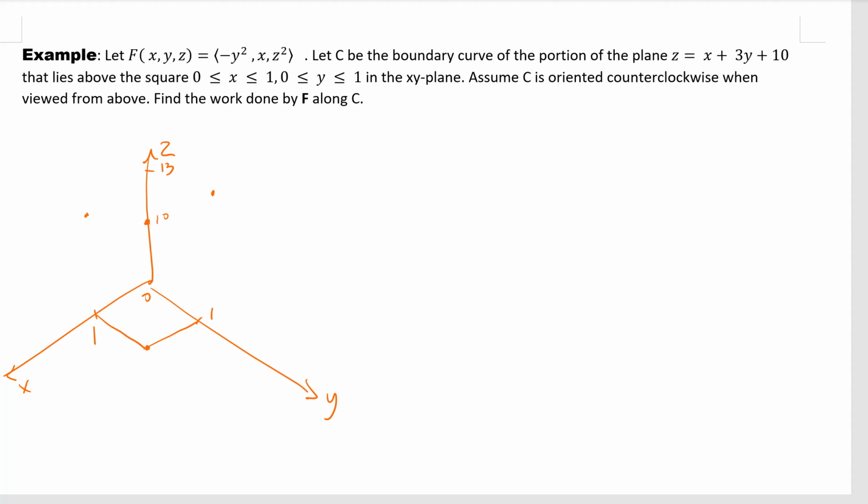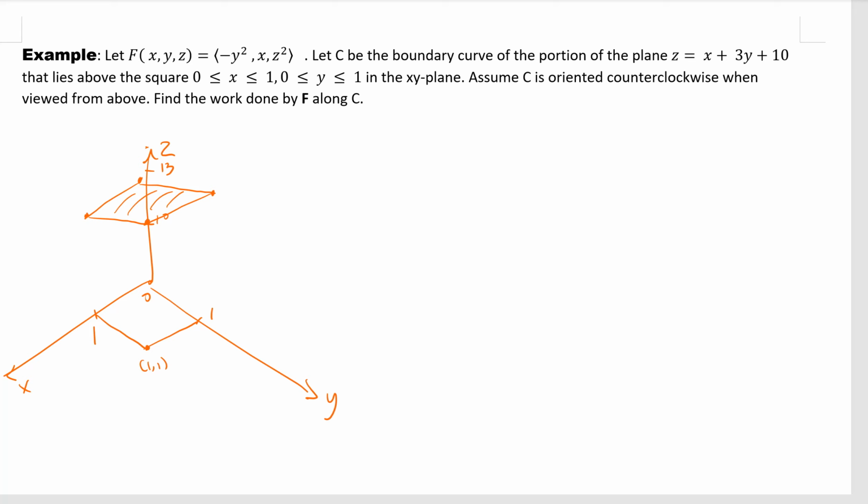So at (1, 1), when x is 1, y is 1, then how about the z? It's 14, right? 14 right here. So it's going to be a plane that looks like that. Can you imagine? So far so good, everybody?